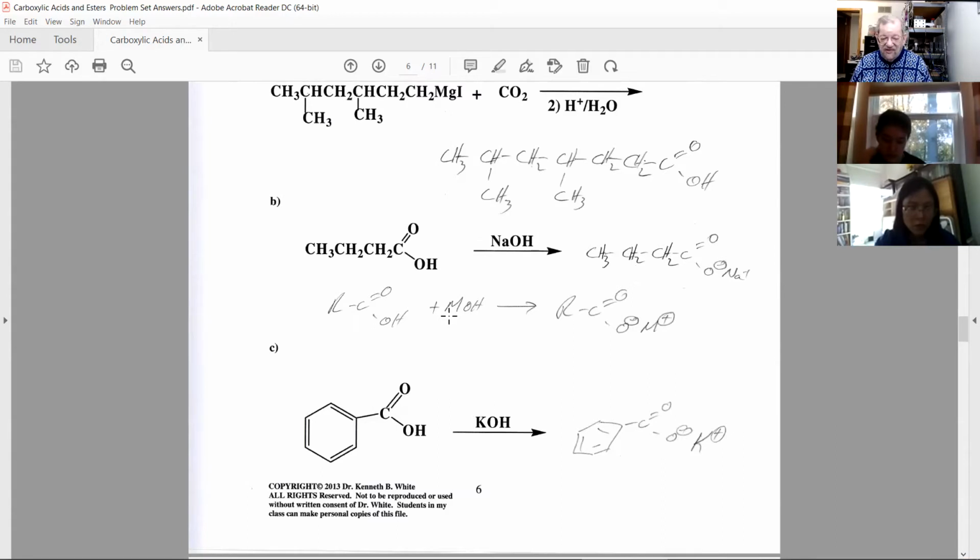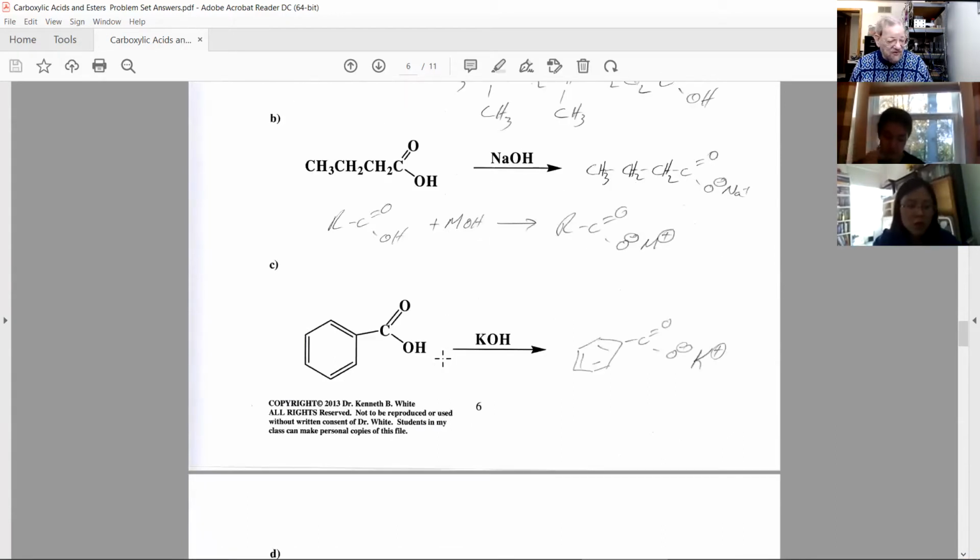M can be lithium, sodium, or potassium. And in C, guess what? It's potassium. So I pull off that hydrogen, proton really, and get this carboxylate anion. Remember, all molecules in nature in chemistry have a net 0 charge: O minus, K plus, 0.